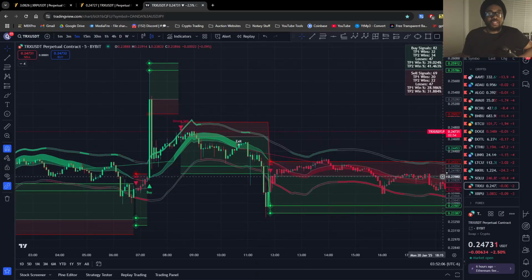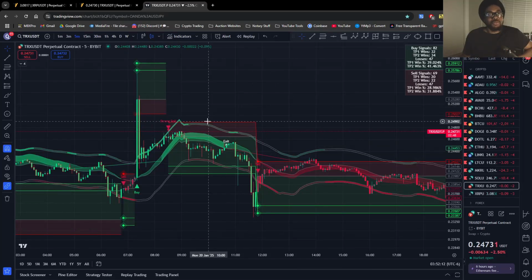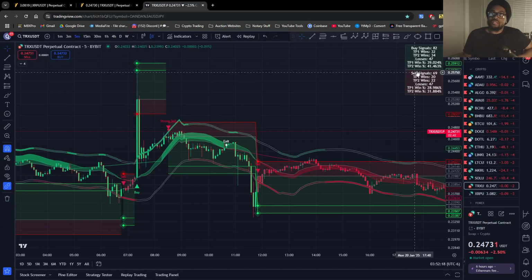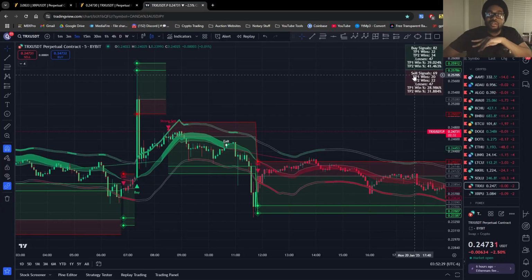Because this indicator looks back and gives you that data, it's impossible to know which one got hit first. So take this information with a grain of salt. It's not always fully accurate, but it is useful because it gives you an idea of which trades you should probably be taking.